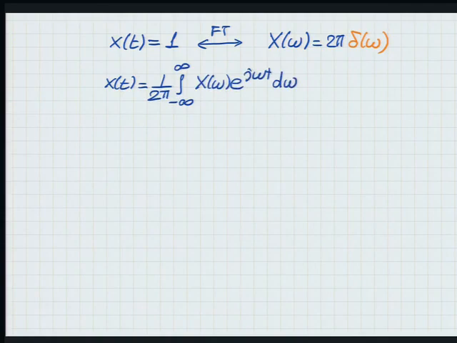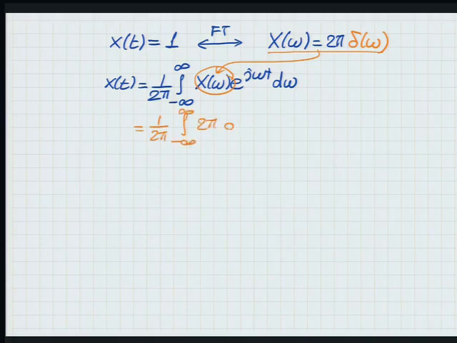So if I substitute what I just claimed here in place of X, I will get 1 over 2 pi integral 2 pi delta of omega e to the j omega t d omega. All right? 2 pi's cancel. And what can you tell me about delta omega times e to the j omega t integral?